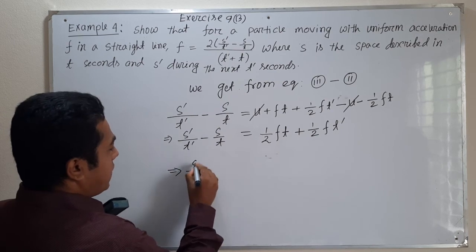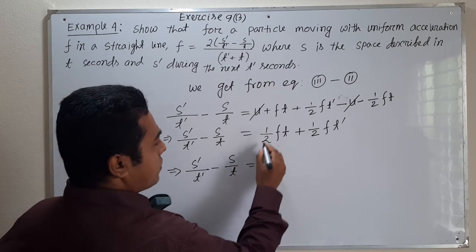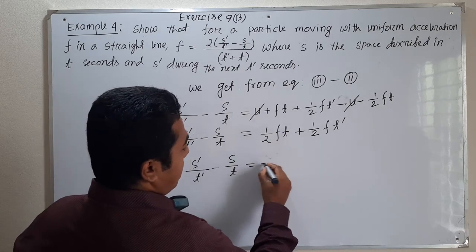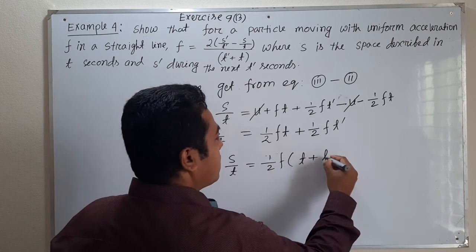On the right-hand side, we get ft minus half of ft, that is 1 minus half, which is equal to half of ft, plus half of f t prime. So s prime divided by t prime minus s divided by t is equal to half of f, with f common, times t plus t prime.